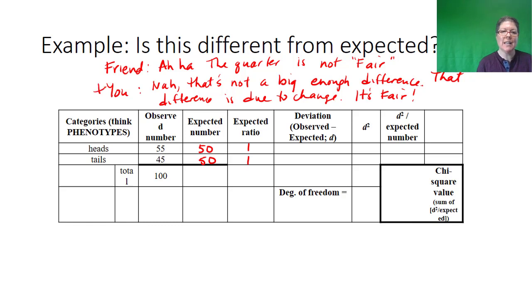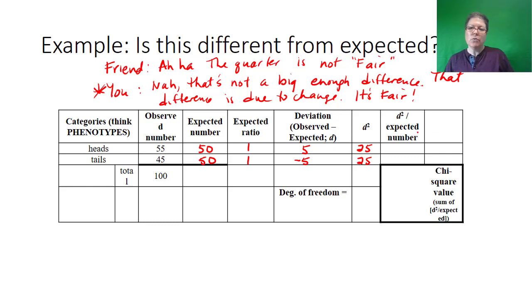Okay, so let's test your hypothesis. The first thing we want to do is the deviation, observed minus expected. 55 minus 50 is 5. 45 minus 50 is negative 5. Then we're going to square them. This is your deviation squared. 5 squared, 25. Negative 5 squared, also 25.